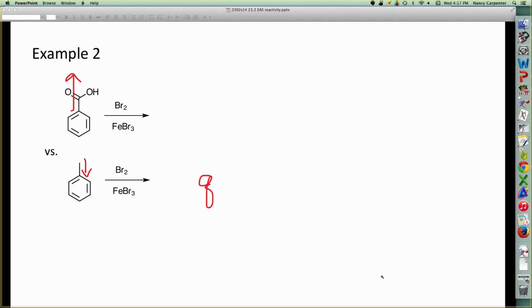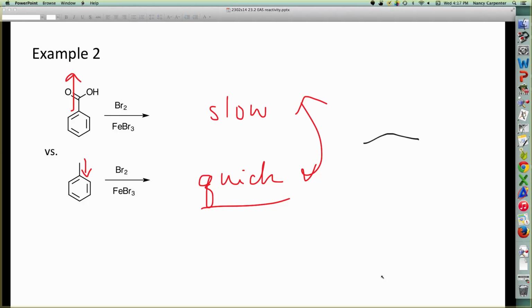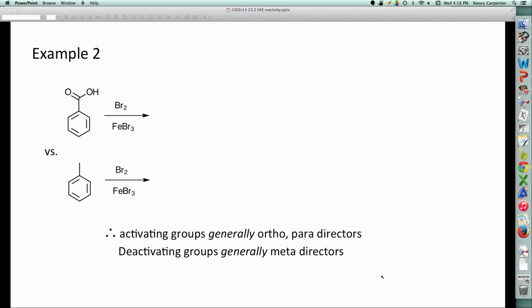So this will be quick, this will be slow, or at least we can say relative to one another, bromination of toluene would take place much more quickly than bromination of benzoic acid. So again, they'll both give me the brominated aromatic ring, but at a completely different rate.